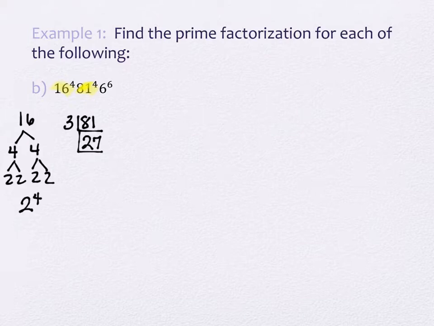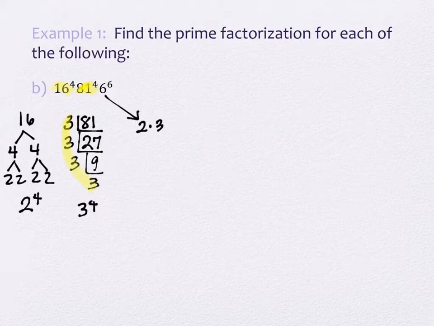What prime number will 27 divide by? 3. 3 again, giving me a 9, which divides by 3 a couple more times. So I end up getting how many 3s? 4. Happens to be 4 again this time. It's not really because I structured it that way. It just happened to be that way, okay? The last one is 6. You can probably do 6 pretty easily. 6 is what? 2 times 3.